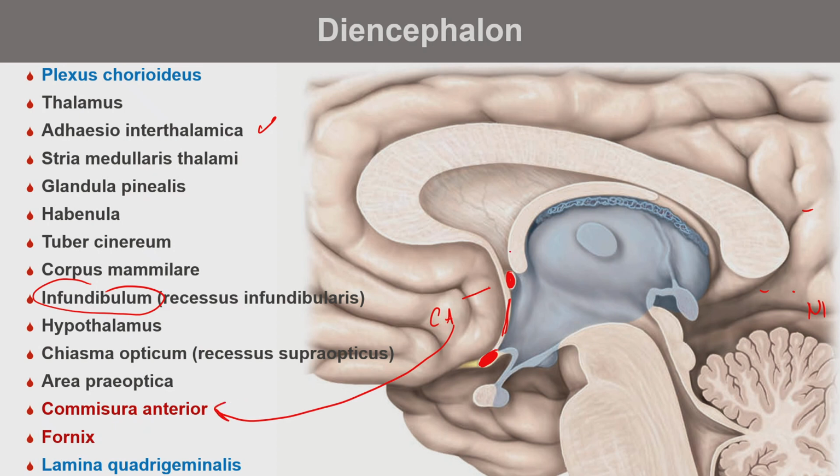And here the second very important structure, which is covering the roof of the third ventricle with the choroid plexus, and it is called fornix. The fornix is a white matter band which has crossing fibers, which has also long fibers, and those structures are communicating with those which are localized in the temporal lobe, in the hippocampal formation.